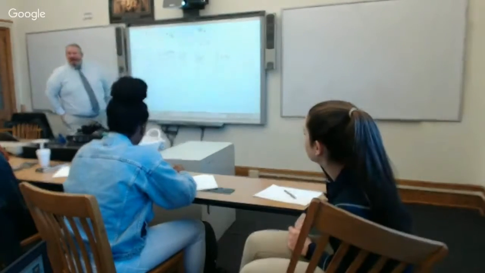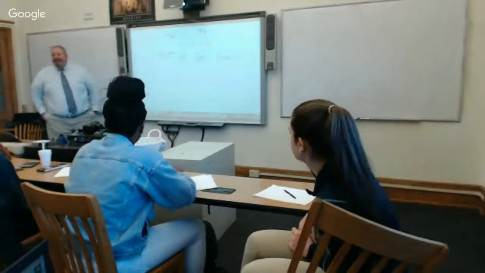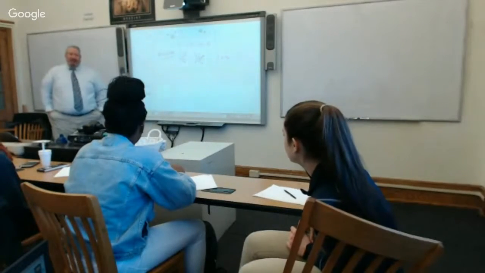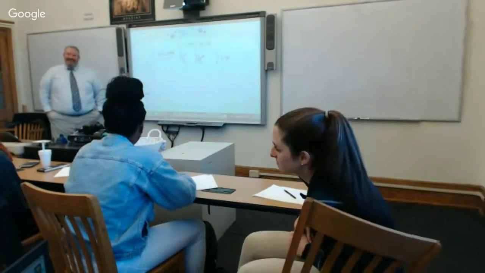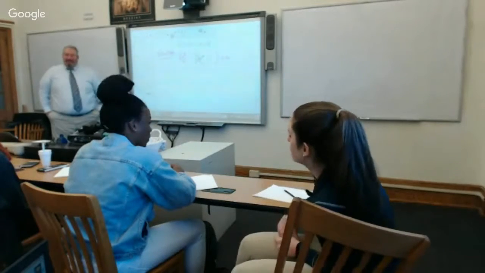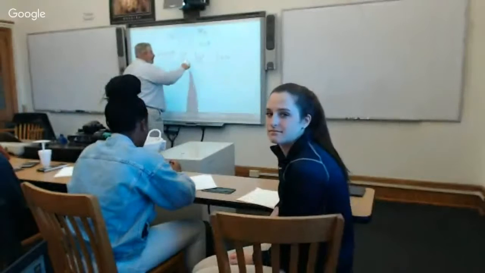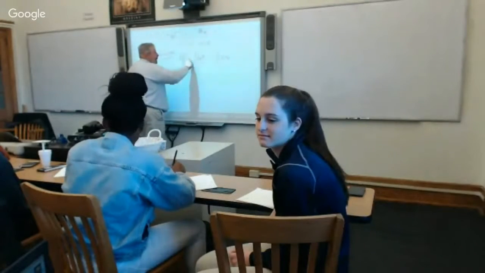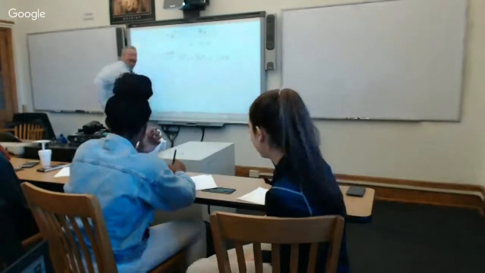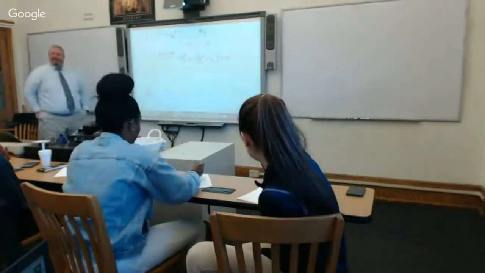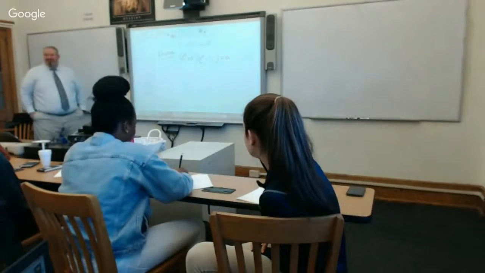What's 5 to the x times 5 to the x? Oh, 5 to the x squared. No, 5 to the 2x. Oh, you add exponents. Aha. The light went off. Now I see.